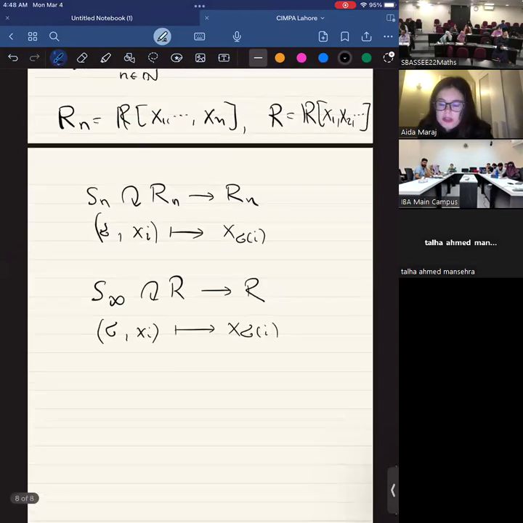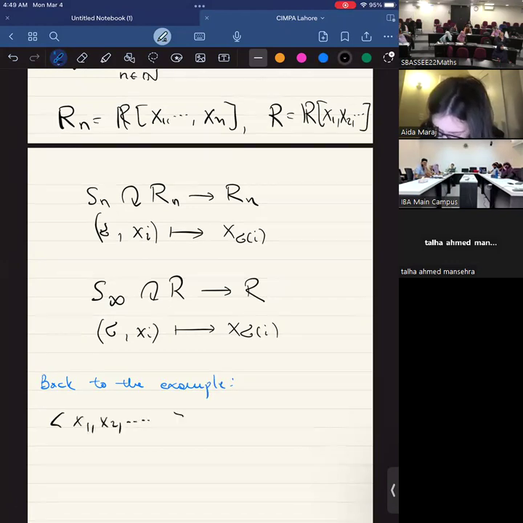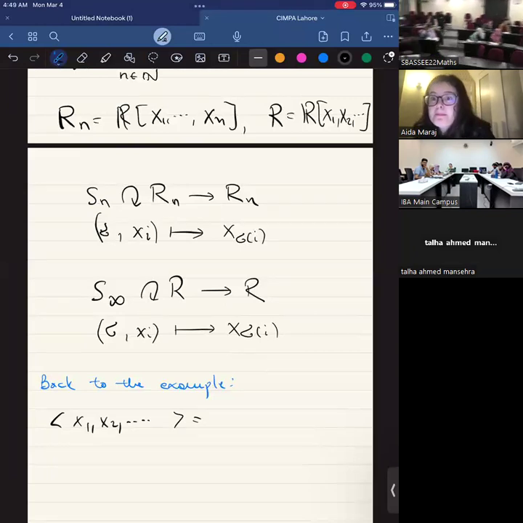And now with this, back to our example. So with this setting, for instance, our maximal ideal x1, x2, and so on. Excuse me. Yeah.